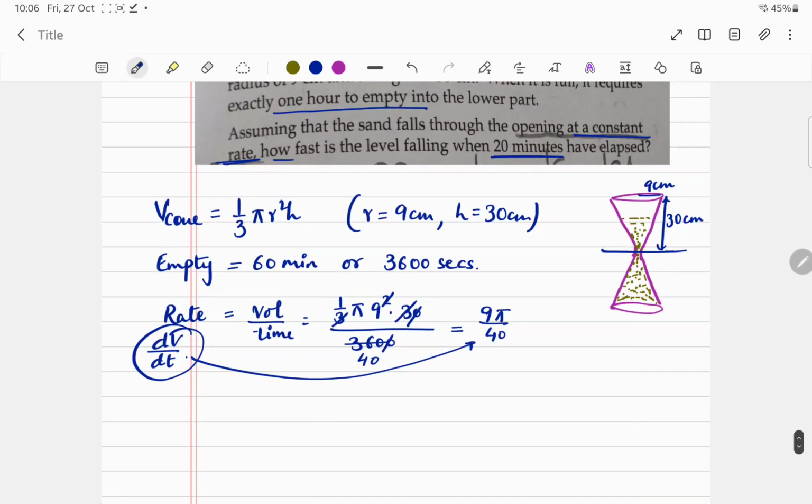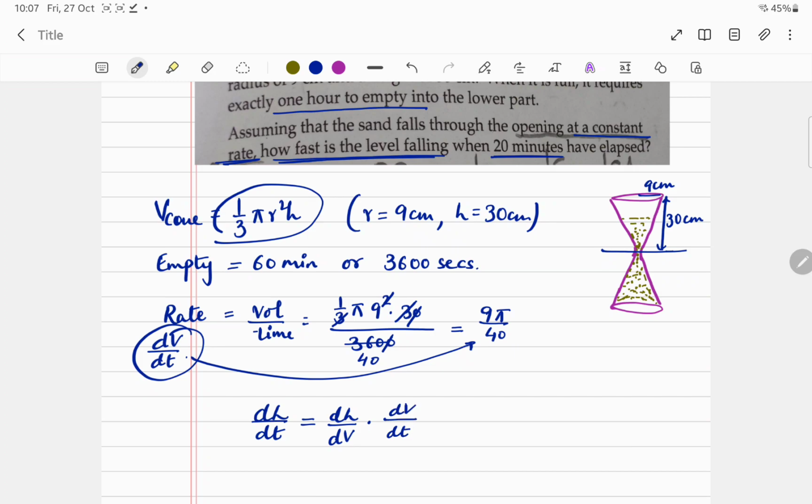All right, next, what else do we need? How fast is the level falling means we have to find dh over dt. How fast is the height falling? We have the formula, so we can do dh over dV, or dV over dh and flip it around, times dV over dt, since we need dt at the bottom.